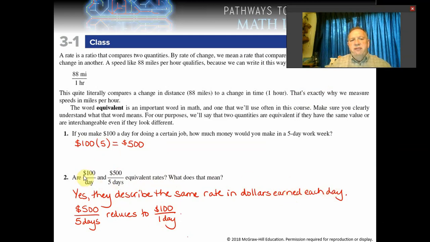I could multiply the top and the bottom by 5, so 5 times 100 is the $500 times 5 days, or divide the bottom and the top by 5, that gives me the $100 per 1 day, so I'm scaling down. As long as the bottom units are the very same, then I can compare the top to see how everything else looks.